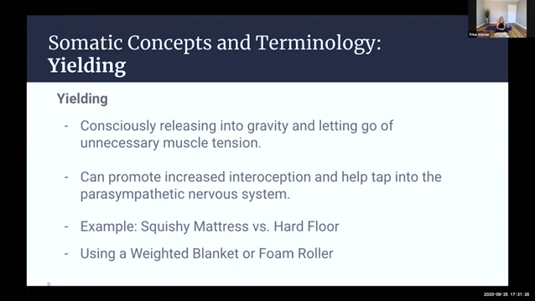And then after the sequence, I yield and I feel more connected to the floor, meaning some of those postural muscles that are always on all the time because they need to be, because gravity, get this message: no, you're lying down. You can relax, you can soften, and you can yield. And that really helps tap into the parasympathetic nervous system.